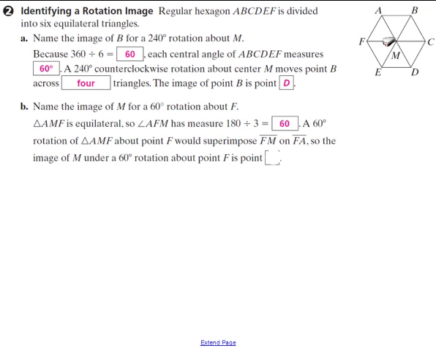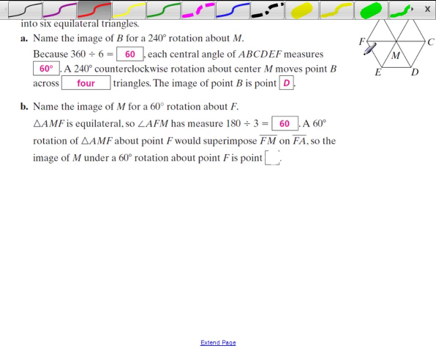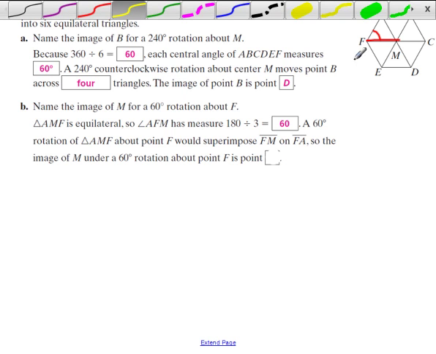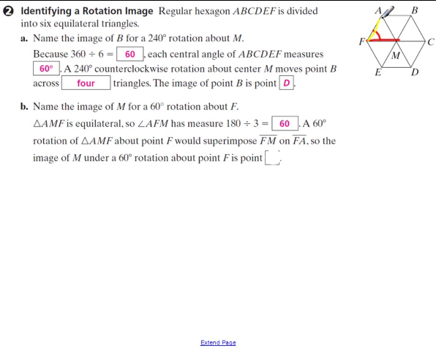So if we took it 60 degrees counterclockwise, this line here would rotate 60 degrees that way, and it would end up on top of this line here, FA. Okay, so the point, in this case, if we took M and rotated it around, would be on top of point A, right? This point M would be on top of point A.